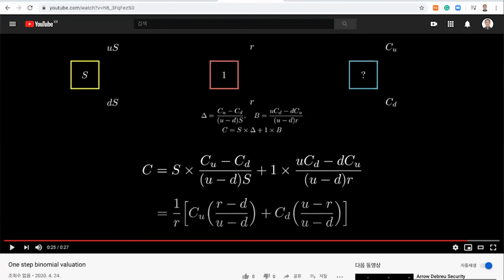So multiply the risk neutral probability, add these two numbers, and then take this into the current values, which means we multiply the discount factor. And the discount factor is 1 over 1 plus interest rate.